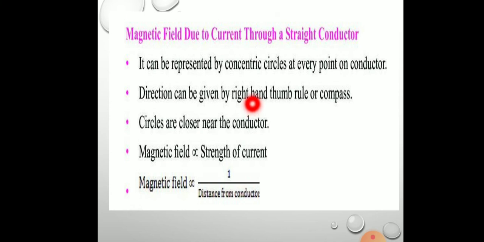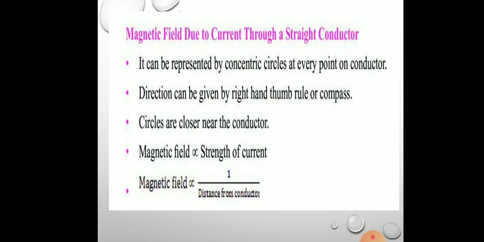We have also noted that the concentric circles are closer near the conductor, which shows that the magnetic field is stronger near the conductor. We also noticed the magnitude of the magnetic field.